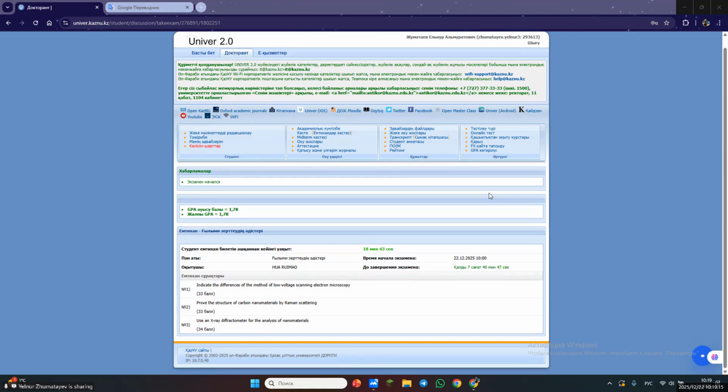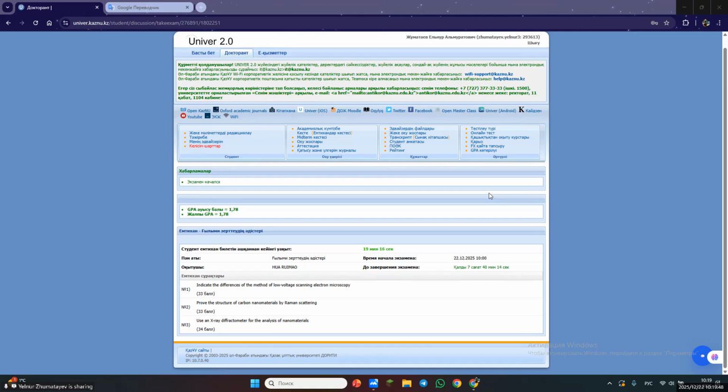Low accelerating voltage decreases electron accumulation on non-conductive samples, allowing imaging without conductive coatings, and this shallow electron penetration provides detailed information from the top surface layers, which is critical for surface and interface studies.